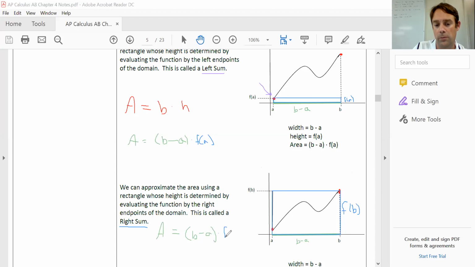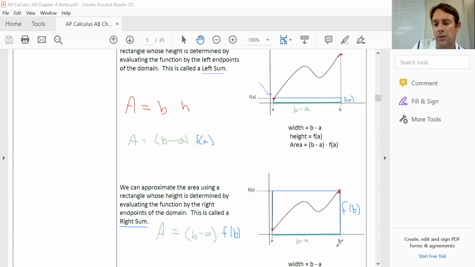So the area is going to lie somewhere between that left sum and that right sum. We don't know where, but it's somewhere between them.